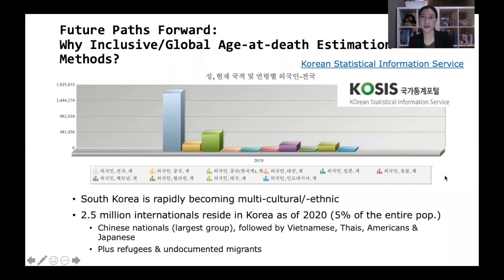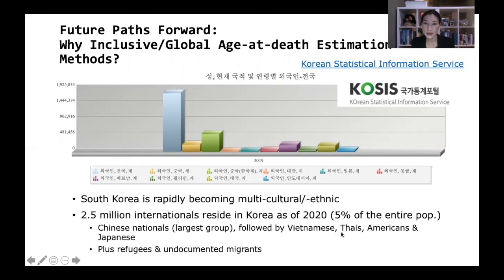Okay, finally, the final point that I'm trying to make. Why is it so important to develop and place more emphasis on inclusive and global age-at-death estimation, even for the Korean population? South Korea has been rapidly becoming a multicultural and multi-ethnic community.